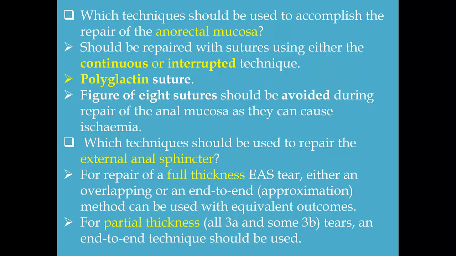And for suture you can use polyglactin suture. So if you want to repair rectal mucosa, you can use a continuous or interrupted technique, and use polyglactin suture 3-0. And figure of 8 should be avoided.